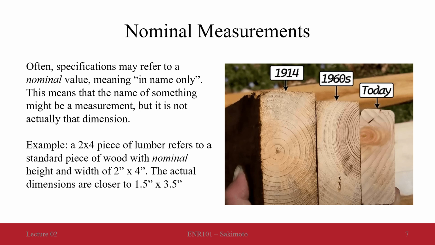And because this is a nominal measurement and standards keep changing throughout history, you'll actually see in this picture that the actual dimensions of a so-called piece of 2x4 have been shrinking over the decades and over the years for a variety of reasons that we can talk about in another discussion.